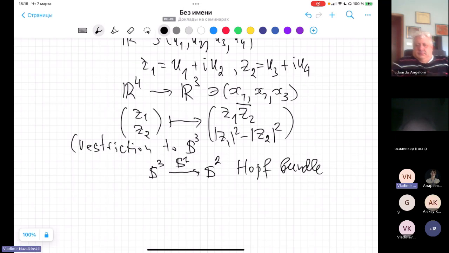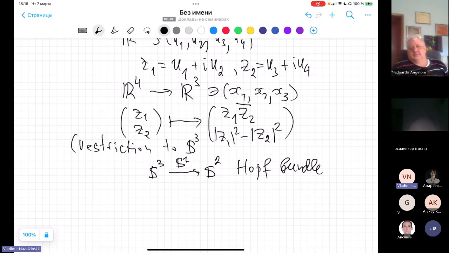Well, and this mapping of R4 onto R3 is just the extension of this Hopf bundle mapping by homogeneity. So this mapping is, as easily seen, second-order homogeneous.